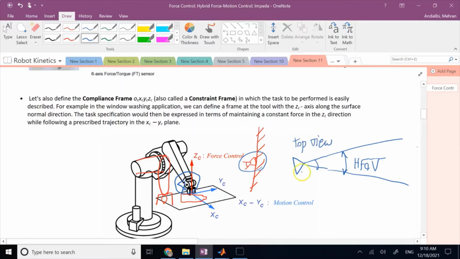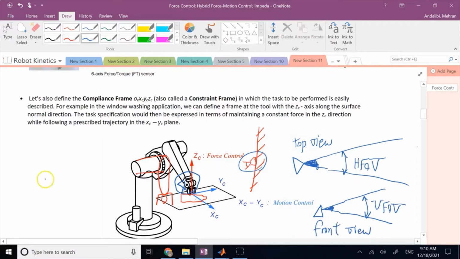And if you also see the camera from the front view, then you will see again something similar. And this one, again, you have some angle. This one is called vertical field of view. So this is like front view.